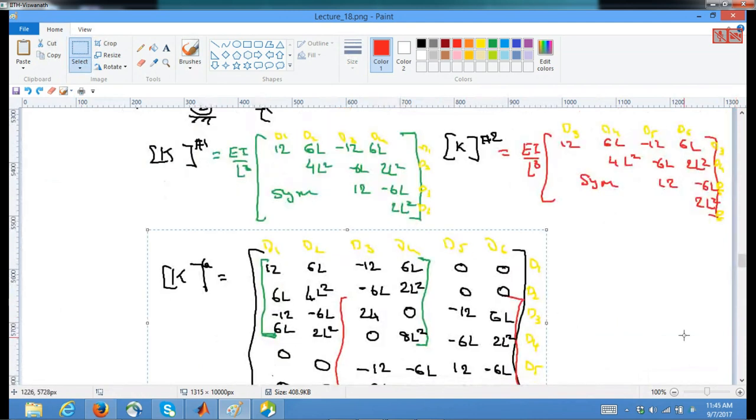So K global, which is the assembly of these two in a similar manner, also remains the same.